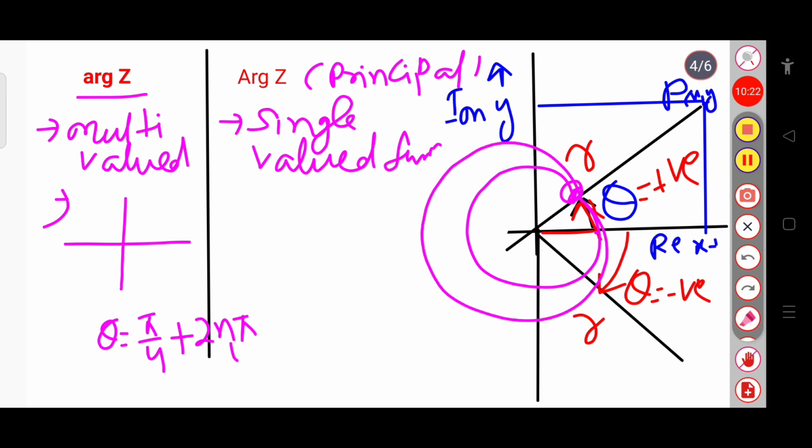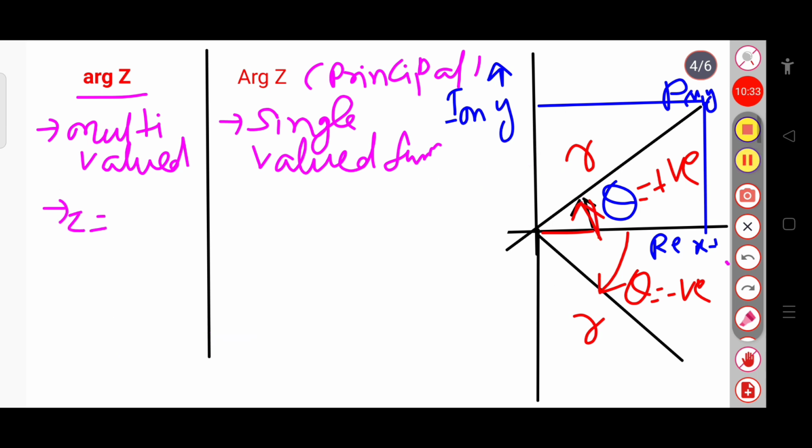Here n is 1, 2, 3, 4 and so on, these are integers. So we can write the small argument of z as theta plus 2n pi, where n equals 1, 2, 3, 4 and so on.